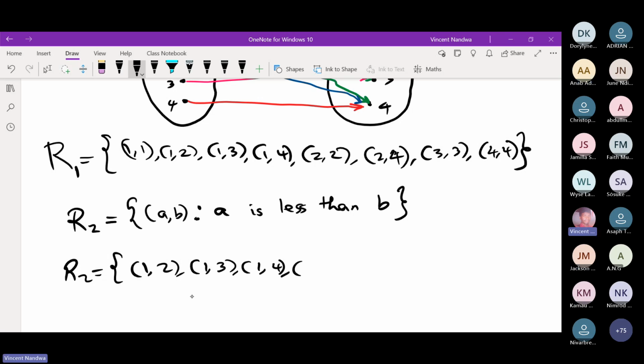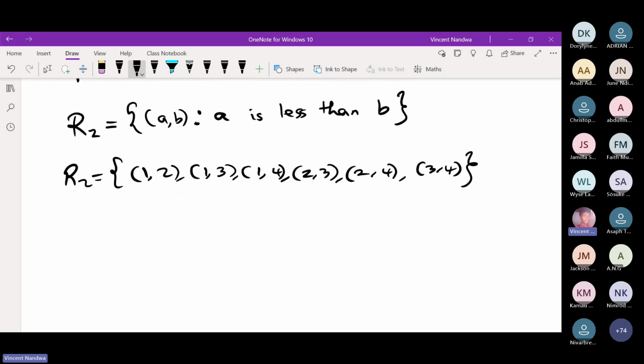The next? (2,3), (2,4), correct. (3,4). Is there any other? No, there isn't. Good.